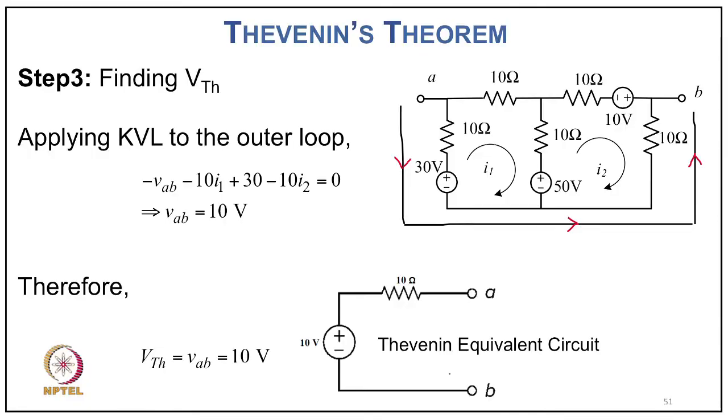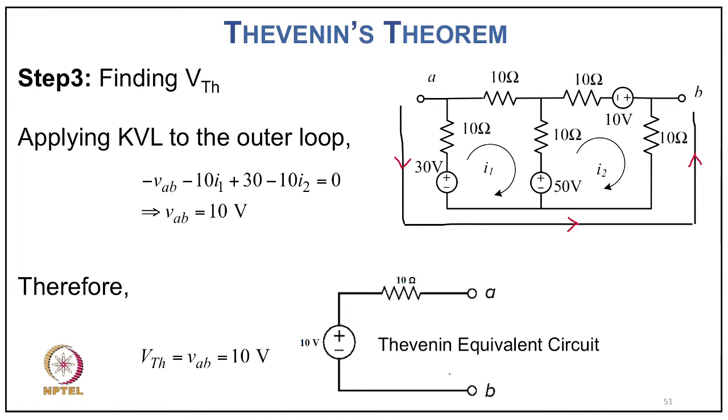Now, finding the equivalent voltage, we apply the voltage law to get the voltage between these two terminals. So VAB equals minus the drop from the current I1 flowing through this, plus 30 minus the drop from I2 through this.